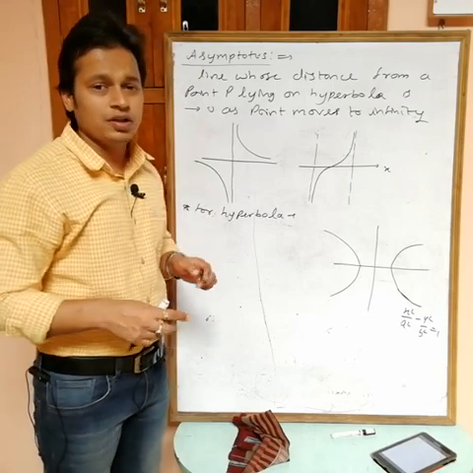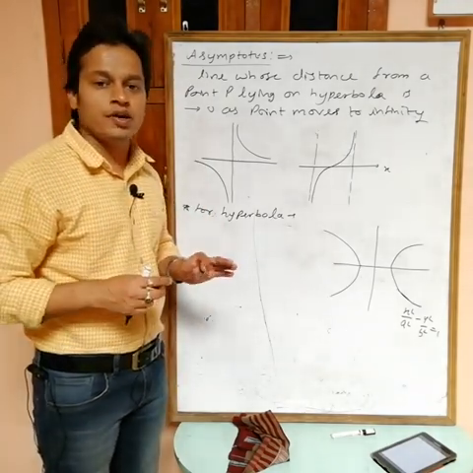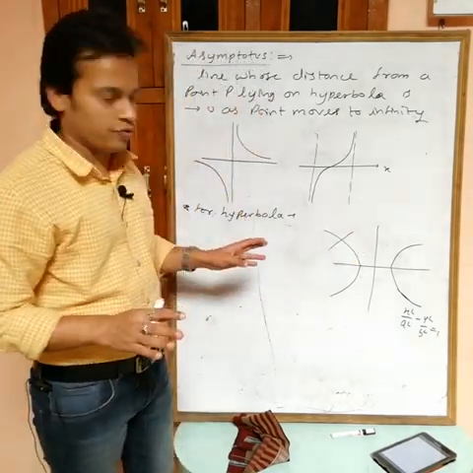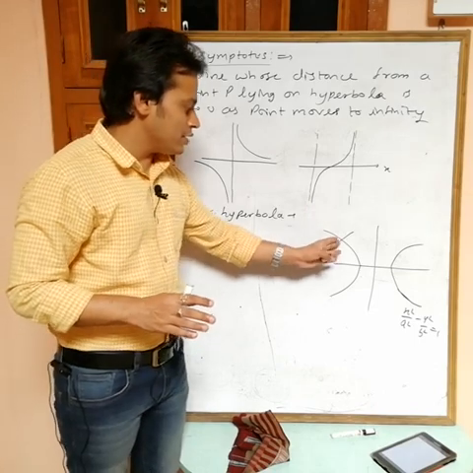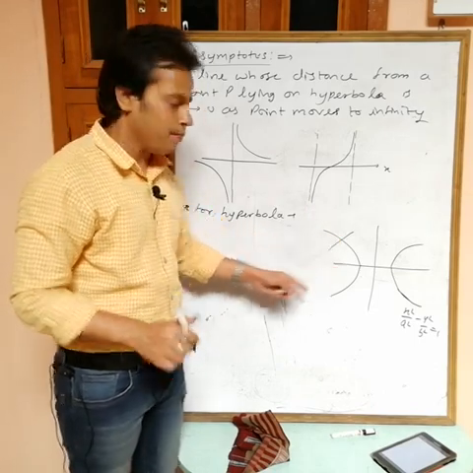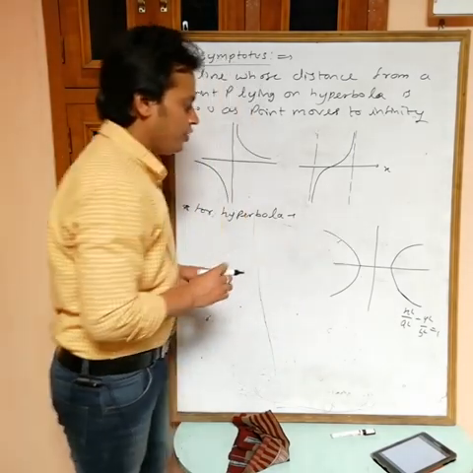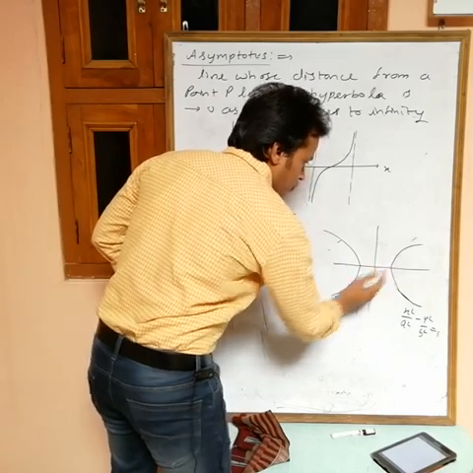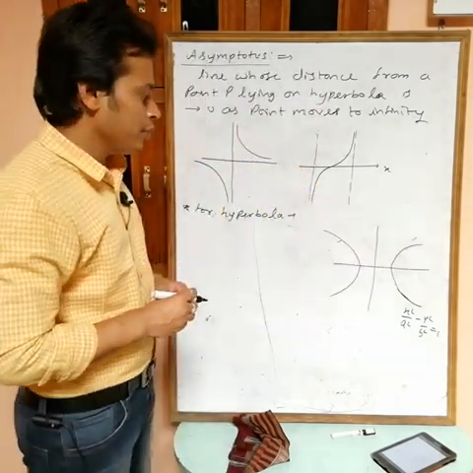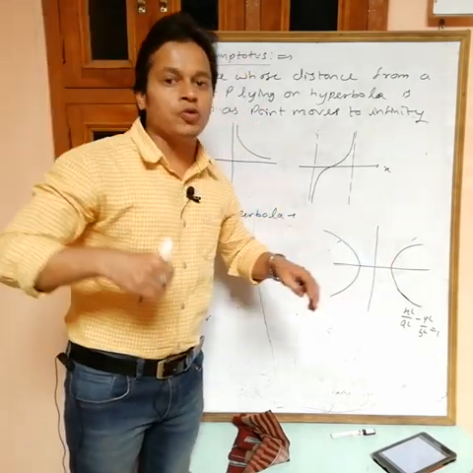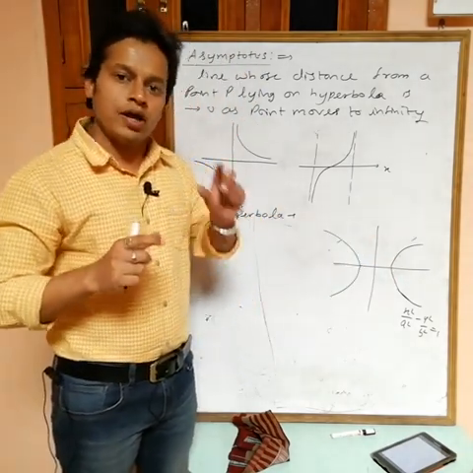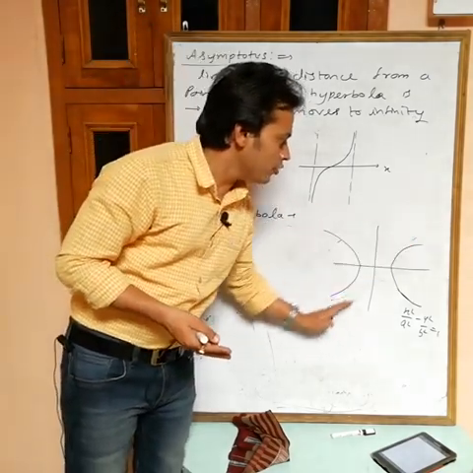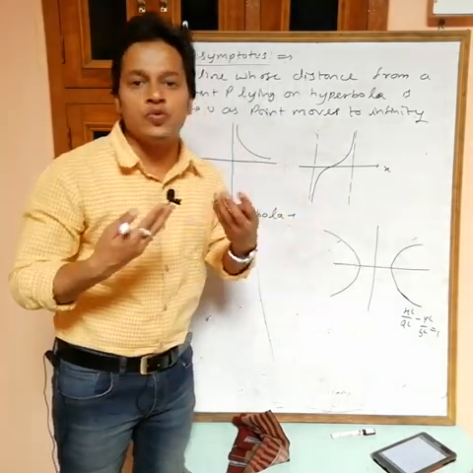Now asymptotes are lines which touch the curve at infinity. Like this one, if I draw a line like this, it is not an asymptote, this is a secant, because it intersects the curve at this point. So touching at infinity means you will get a line like this, which touches this curve at infinity. It means if you solve both, you will get roots at infinity, because if you solve any two curves, what you get is the point of intersection. For any asymptote, the point of intersection lies at infinity, which means roots are infinity.